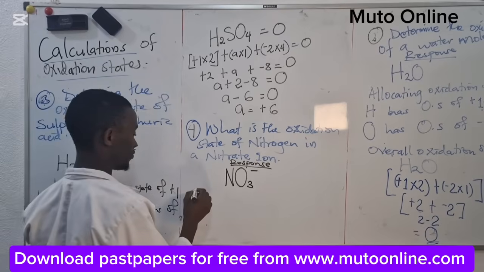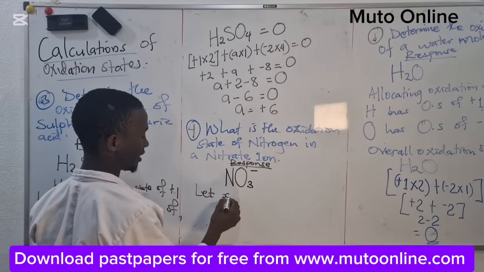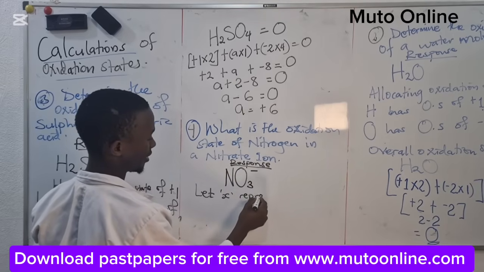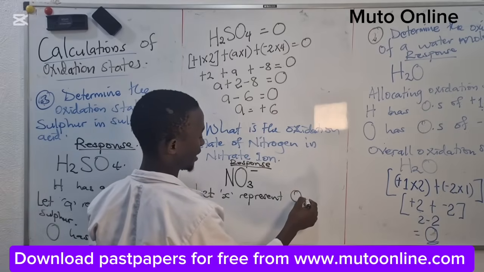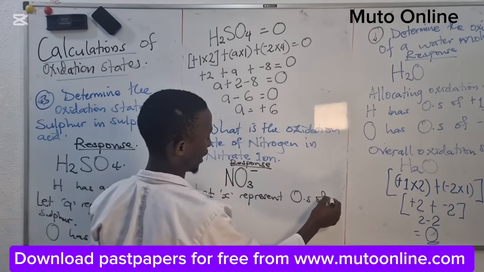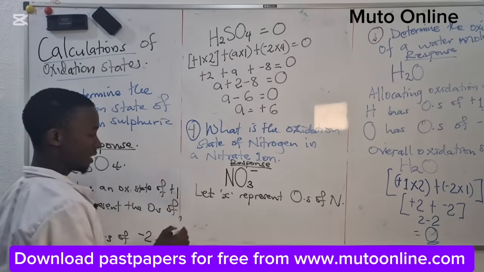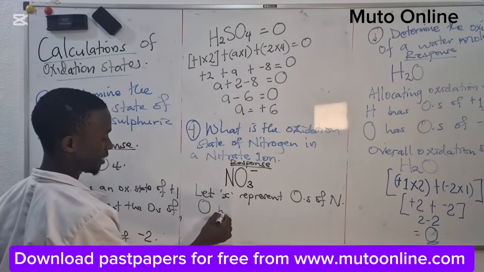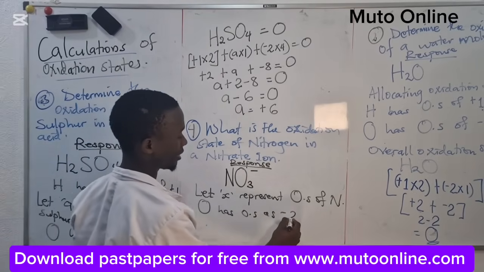So for example, we shall say, let X represent the oxidation state of nitrogen. And we know that of oxygen. Oxygen has oxidation state as -2.